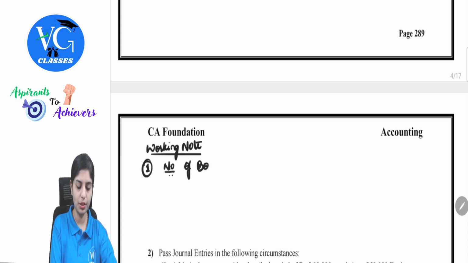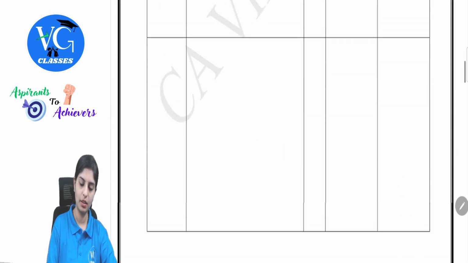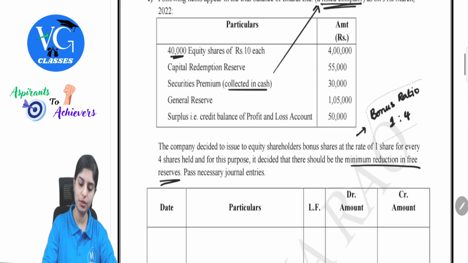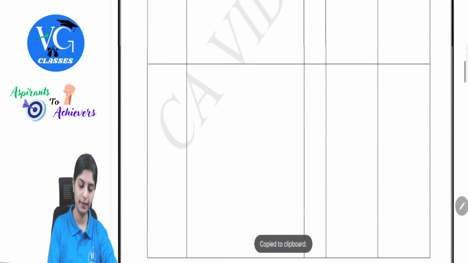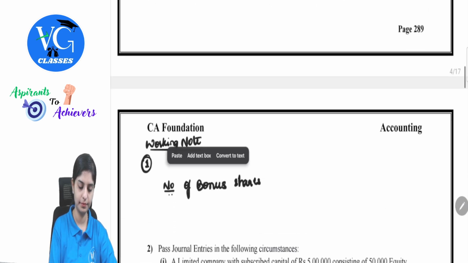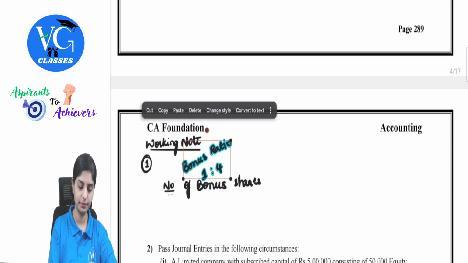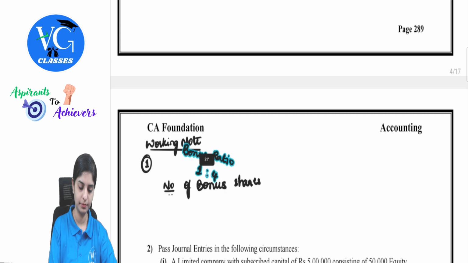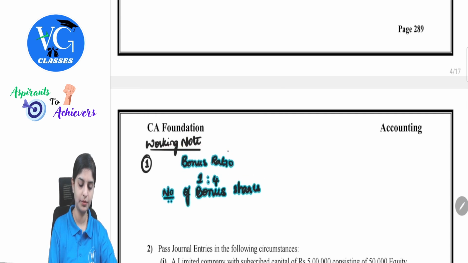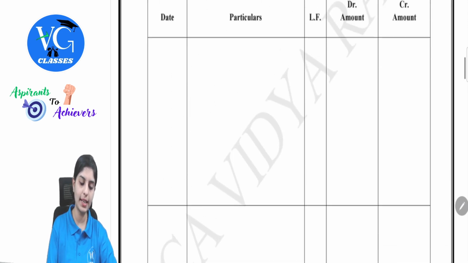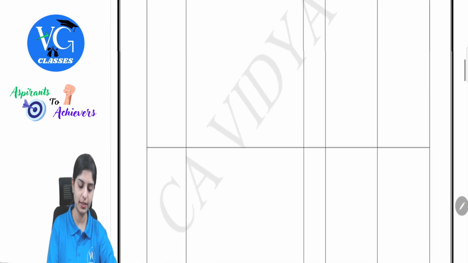Number of bonus shares. What is the bonus ratio? Bonus ratio is 1 is to 4. So what are my existing shares? 40,000 shares.